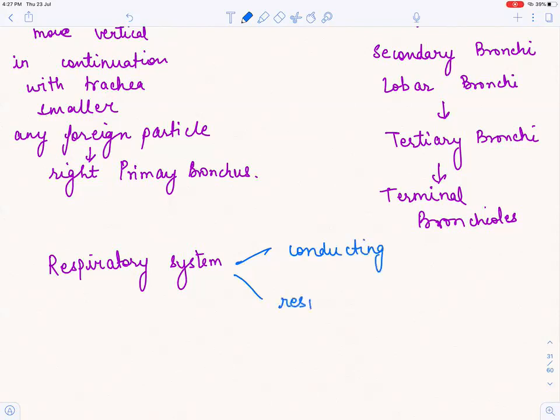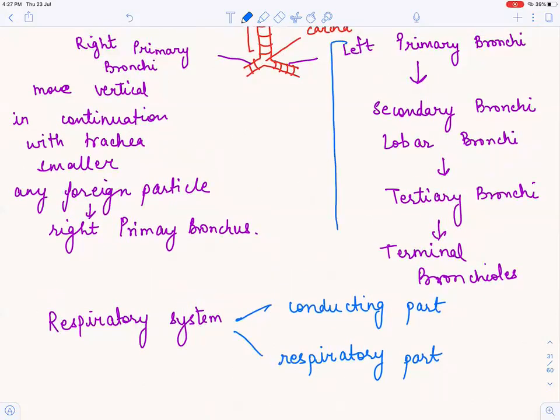If you see my previous videos, you will understand the conducting part and the respiratory part. So this is the conducting part: primary bronchi, secondary bronchi, tertiary bronchi, and terminal bronchioles, where the conducting part ends. From there, the respiratory part will start.